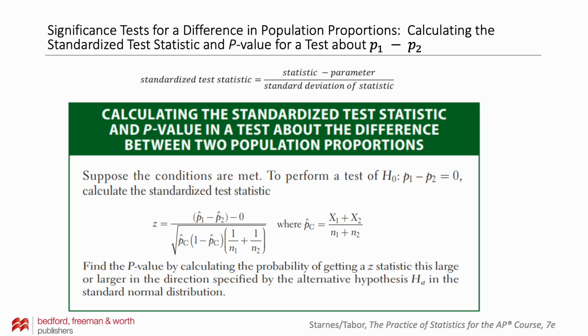Then to find the p-value, we calculate the probability of getting a z-statistic this large or larger in the direction specified by the alternative hypothesis. It could be one-sided, either to the left or to the right, or two-sided. So you do need to make sure to go back to the alternative to figure out which one you're doing.